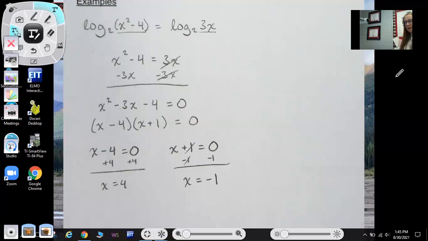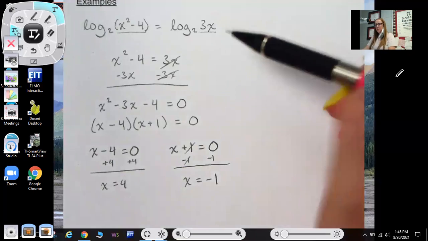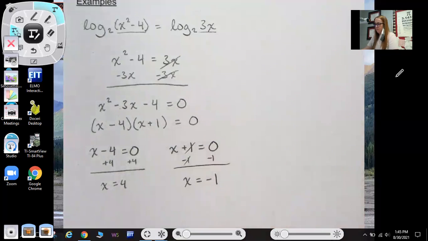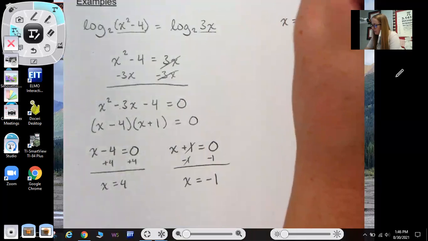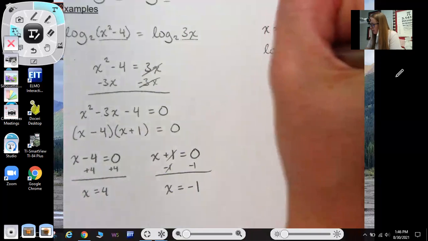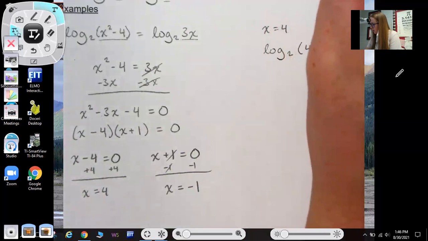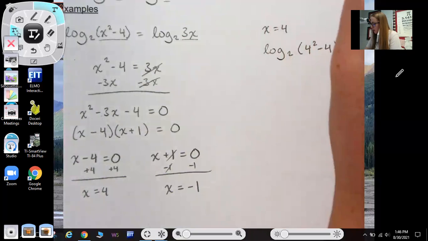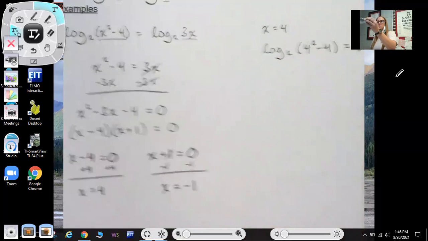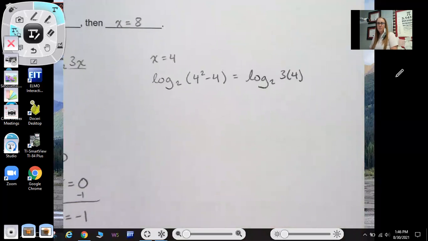In order to check, we're just going to go back to the very first line and plug in these values for x. So if we're checking x equals 4, then we have log base 2 of 4 squared minus 4 equals log base 2 of 3 times 4.